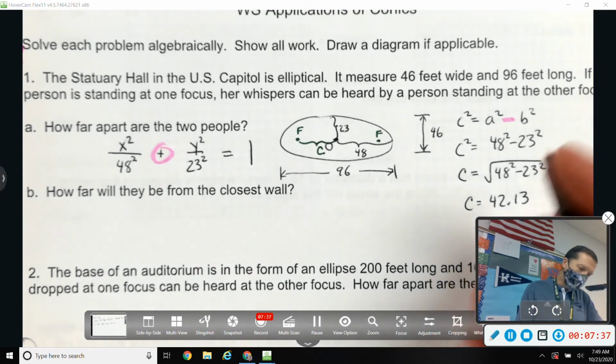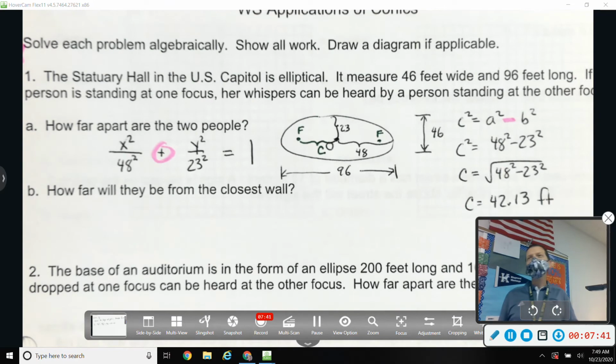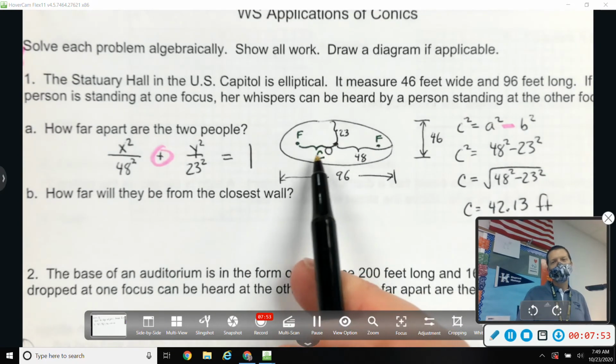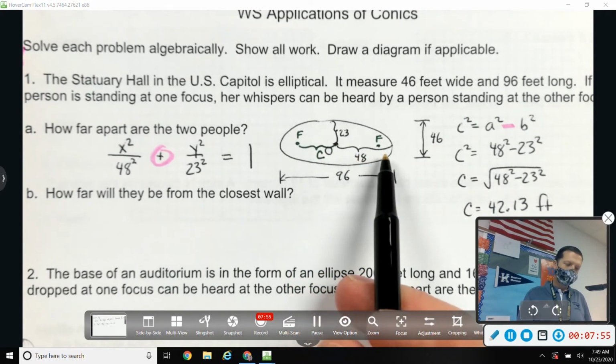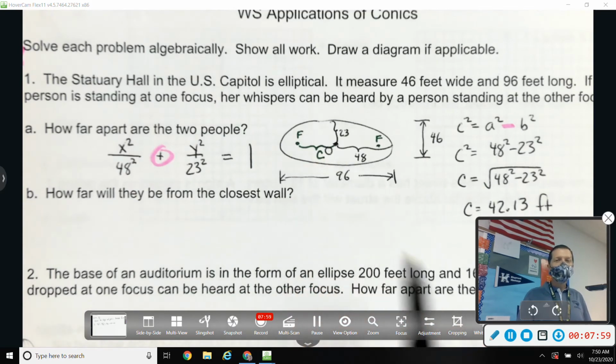It's 42.13 feet. By the way, if you forget the square or square root, it'll probably make sense in terms of the picture. Like if you forgot to square root that and you're looking at 1775, hopefully you'd look at your picture and think, well, 1775 seems a little bit big for the picture. So the square root of 1775 is 42.13.